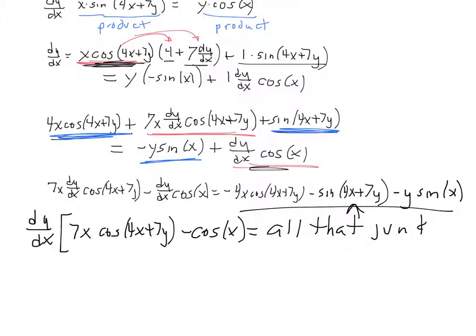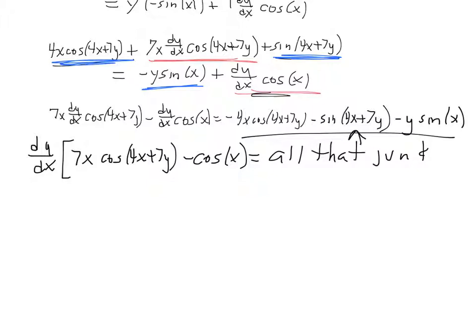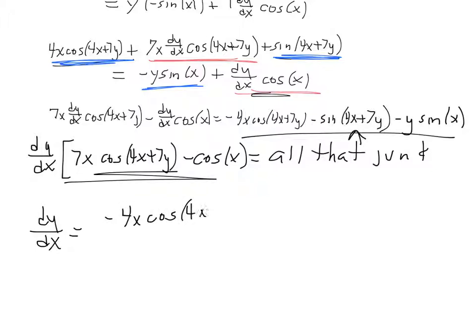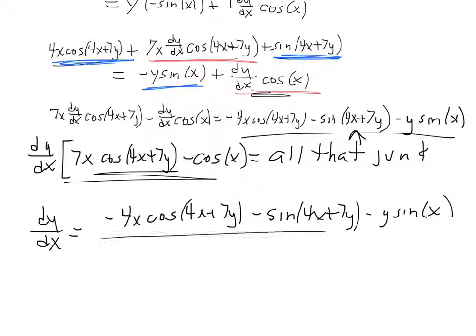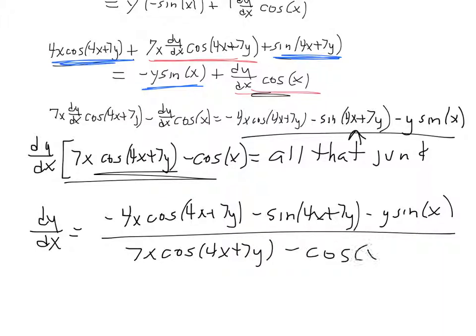I don't want to write all that again. And then finally, your last step is you divide both sides by this in here. So dy/dx equals minus 4x cosine of 4x plus 7y minus sine of 4x plus 7y minus y sine x, all over 7x cosine of 4x plus 7y minus cosine of x.